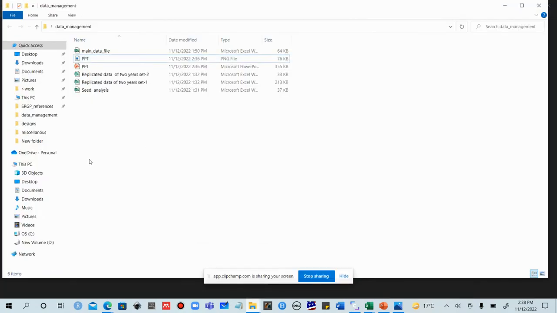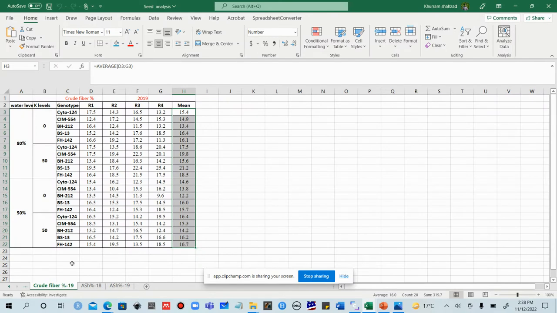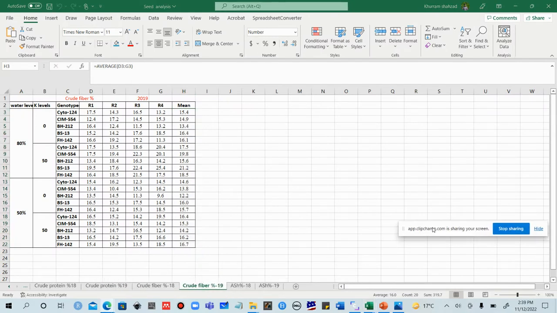So this is the folder where the PhD data of a student is present. I show you the original files of the student. This is one data file, and you can see the sheets in that data file.